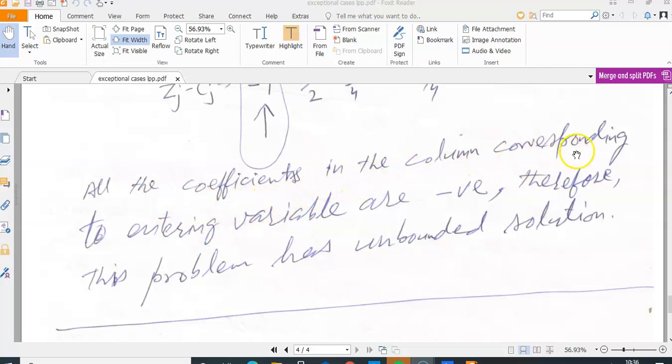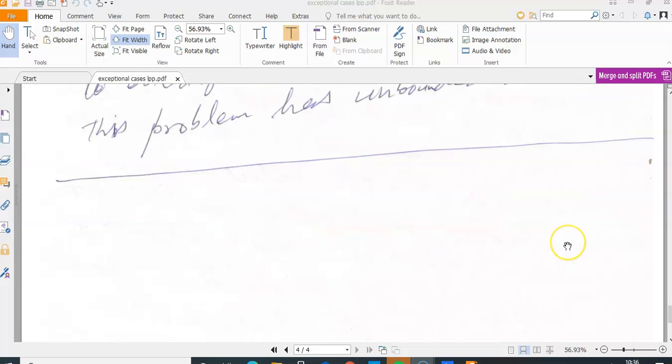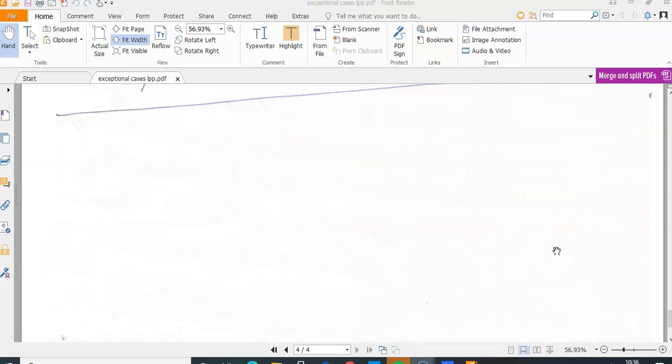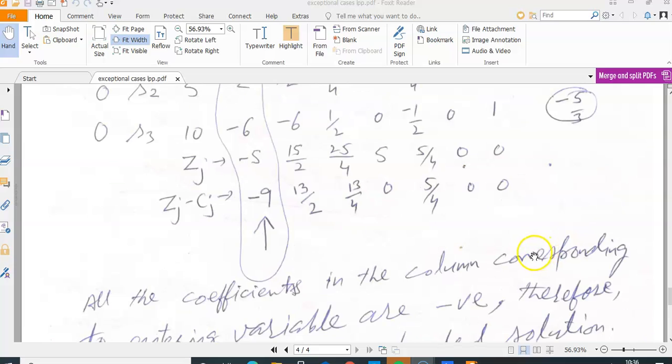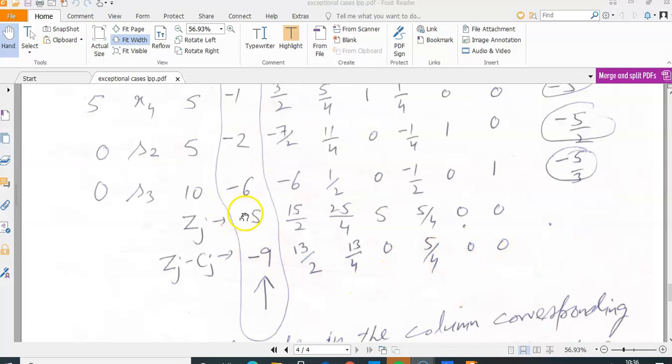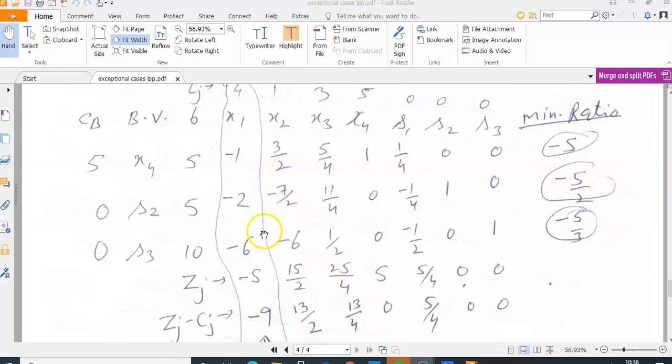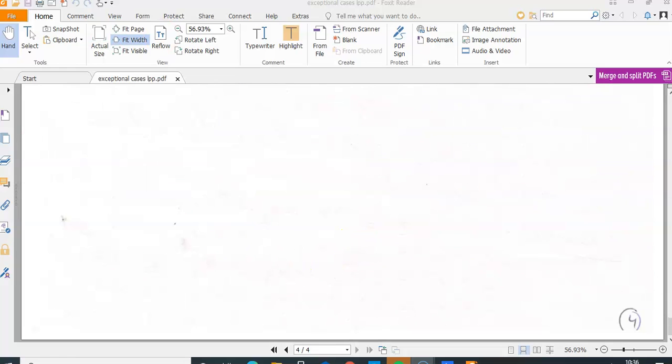All the coefficients in the column corresponding to the entering variable are negative, therefore this problem has an unbounded solution. Whenever you find this kind of situation, you conclude that the solution is unbounded. So that's all. These are the exceptional cases in LPP.